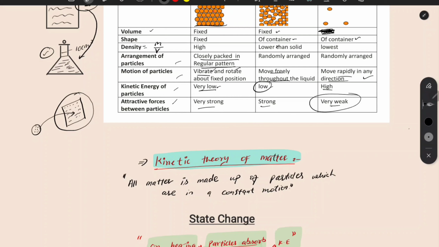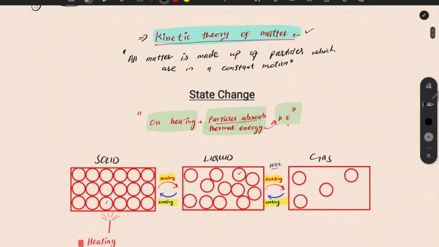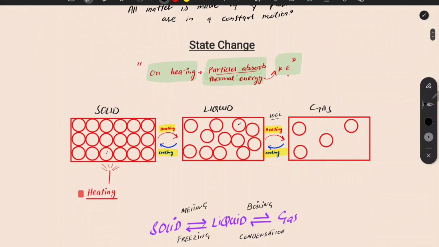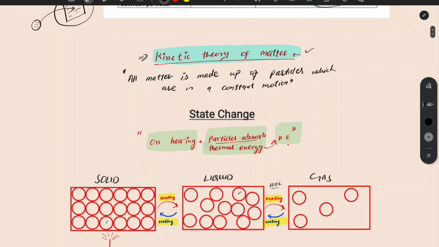So all particles are always in motion. This is the kinetic theory of matter, and according to it we can explain how the state will change, like how a solid can convert into a liquid and a liquid can convert into a gas. So we can discuss this conversion according to this theory.